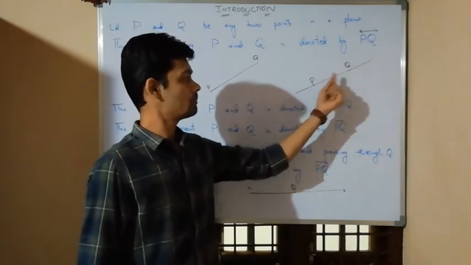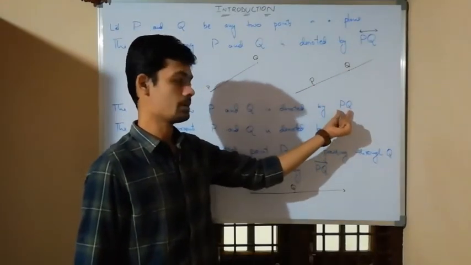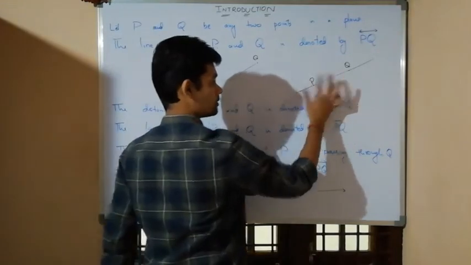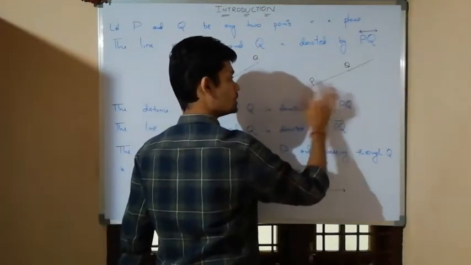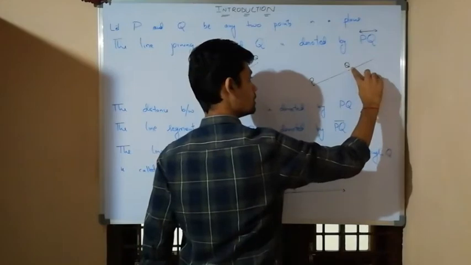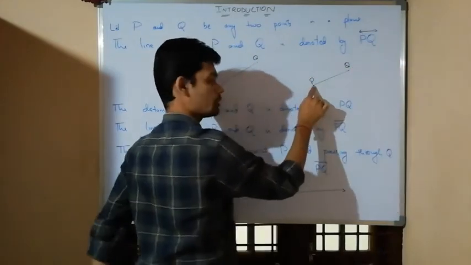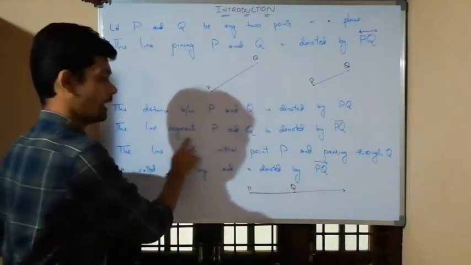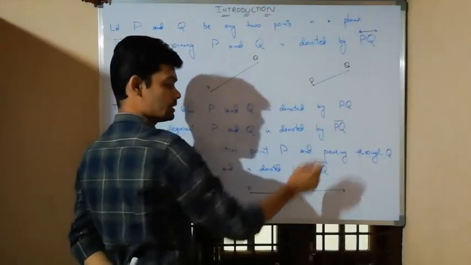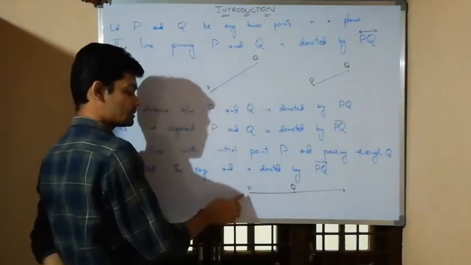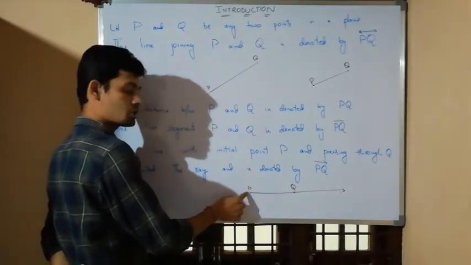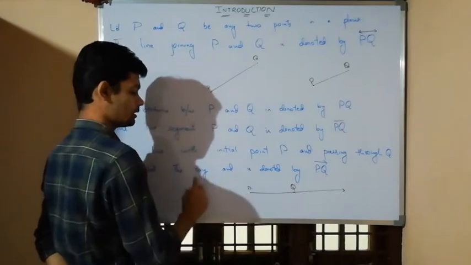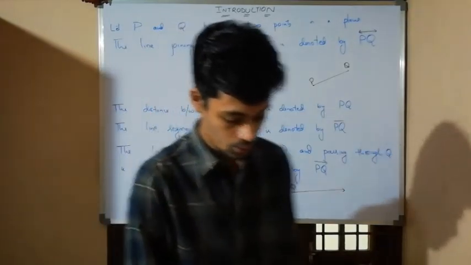The distance between P and Q is denoted by PQ. The line segment, only this part, whose initial point is P and terminal point is Q, is said to be a line segment. Any line whose initial point is P and which passes through Q is said to be the ray.